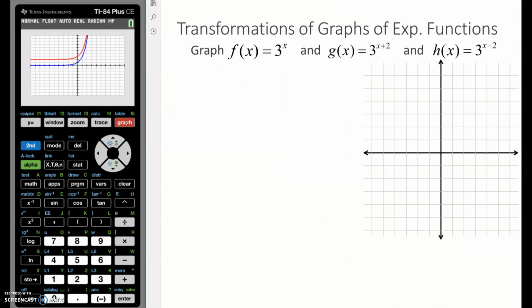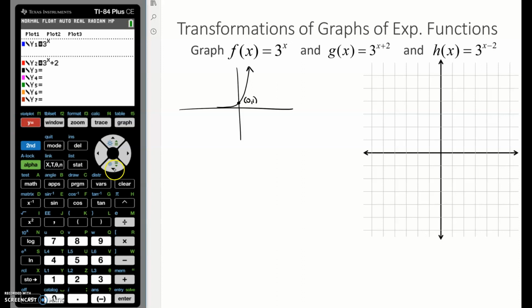Now let's look at adding or subtracting something in the exponent. We've already talked about negatives, we've talked about up or down, so what's the only thing that's left? Left or right. So again, here's that original one, 3 to the x, with this point 0, 1.